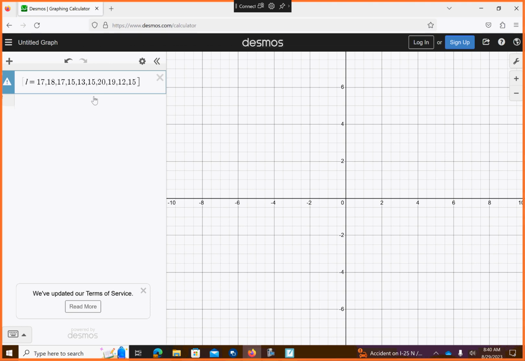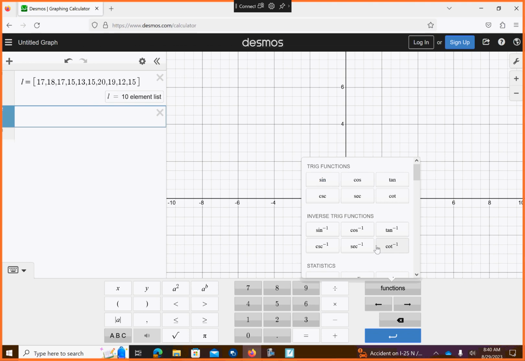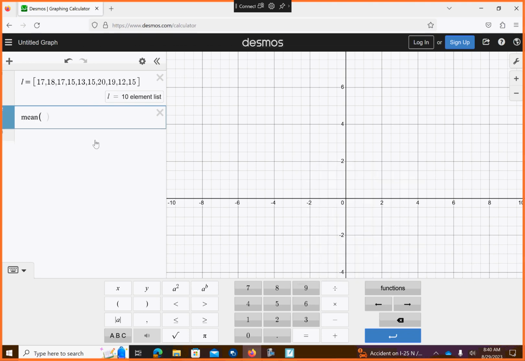Okay, let's say those are the scores of a quiz that I had given to a certain class. Now, we've already dealt with using this where we could look at a histogram on Desmos. But what you can also do on Desmos is if you go to your keyboard, go into Functions, and go to Statistics, you could find the mean, you could find the median.